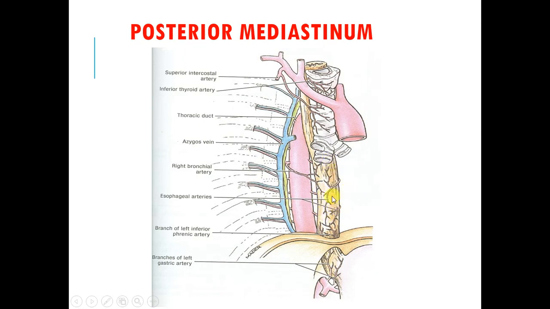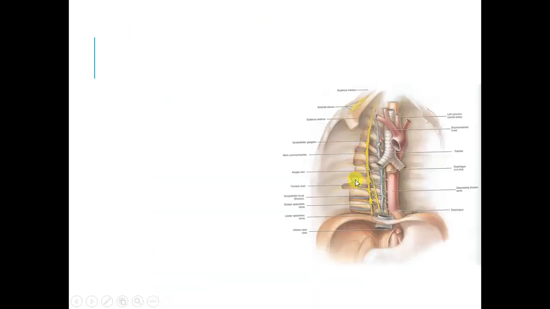Also shown are branches from the thoracic aorta to the esophagus, the esophageal arteries, and also originating from the aorta are the bronchial arteries.